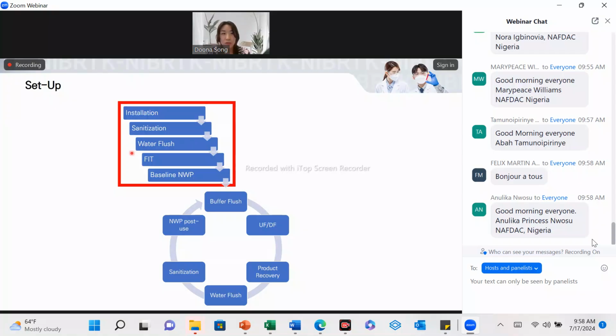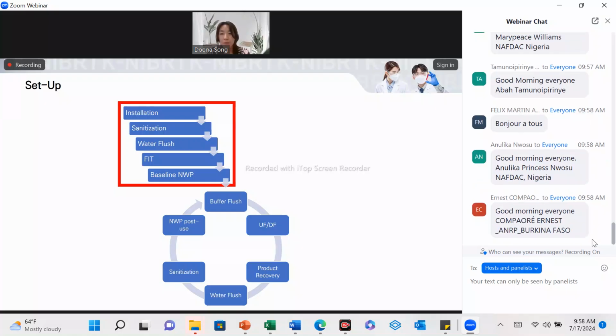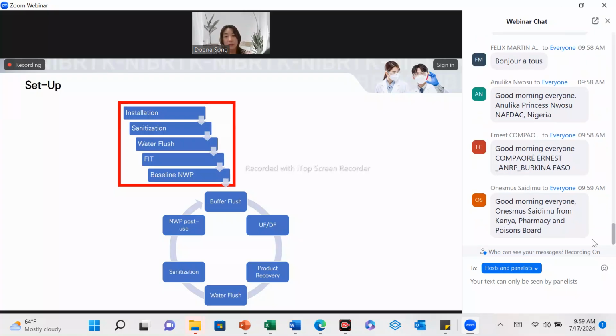This is a water flush. And next, we can do an integrity test. In the case of TFF, we also perform a filter integrity test to ensure the filter meets the manufacturer's specification and the setup is correct. I will explain the filter integrity test in detail later on.